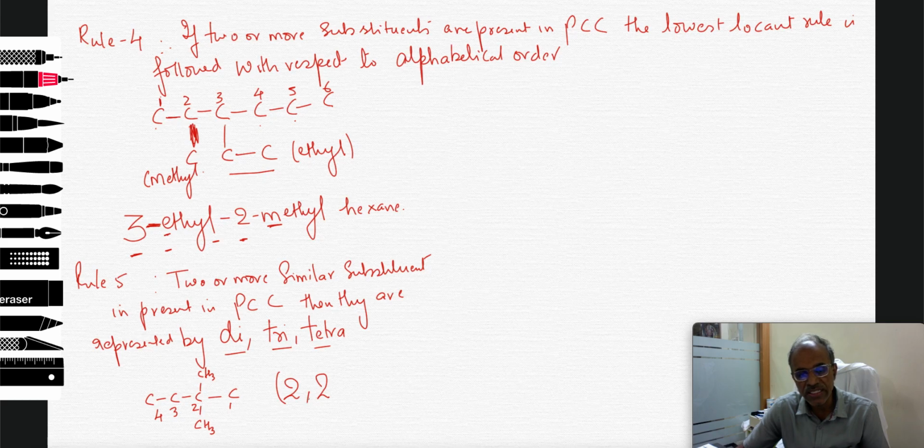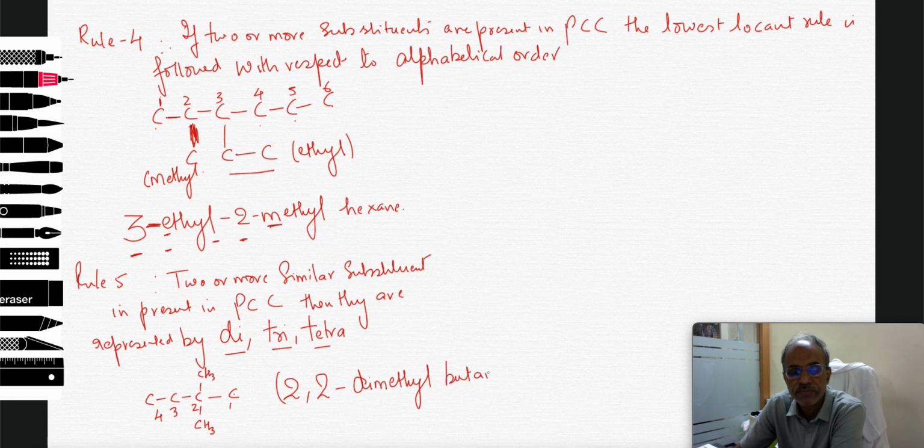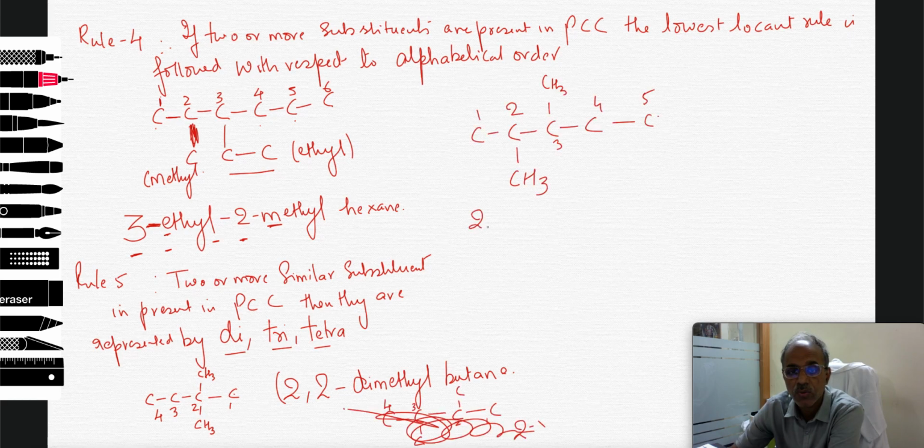When two numerical values are written side by side, they are differentiated by putting a comma. So 2,2-dimethyl, and parent is 1, 2, 3, 4, so 2,2-dimethylbutane.